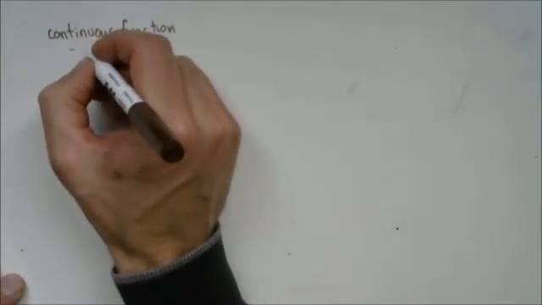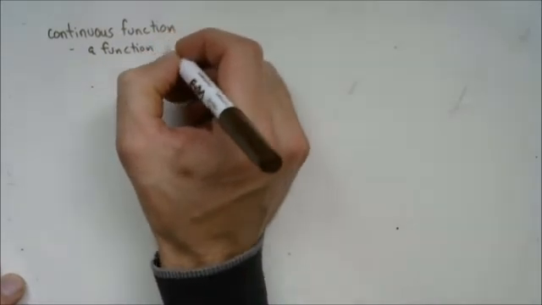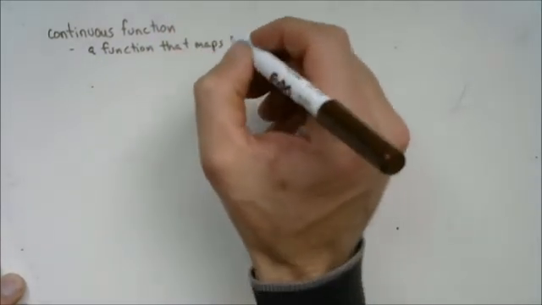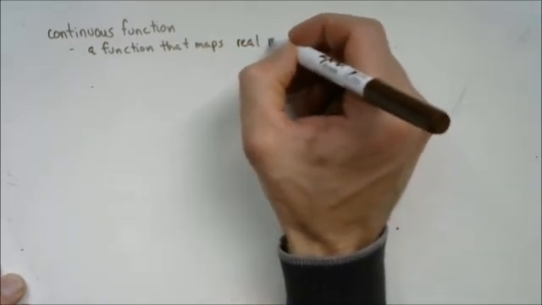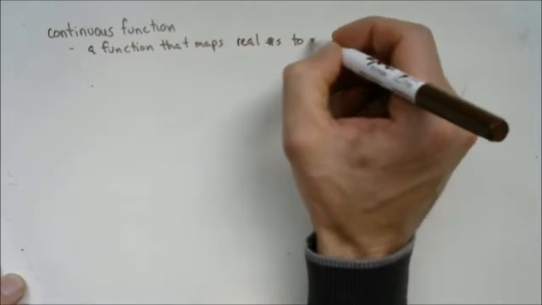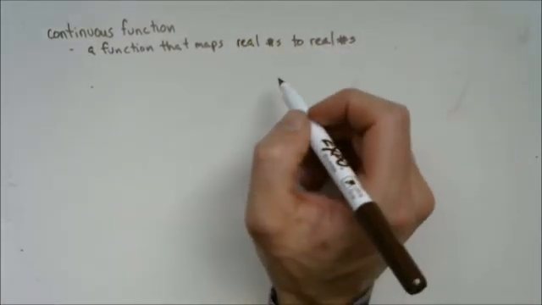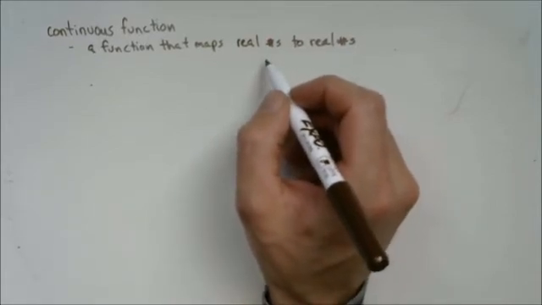So a continuous function is a function that maps real numbers to real numbers. So the sets, the numbers in each set, domain and range, come from the set of real numbers.